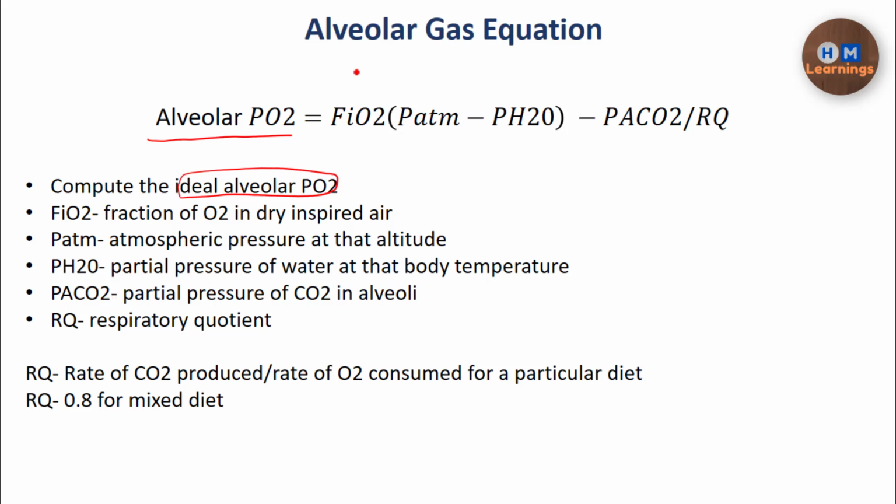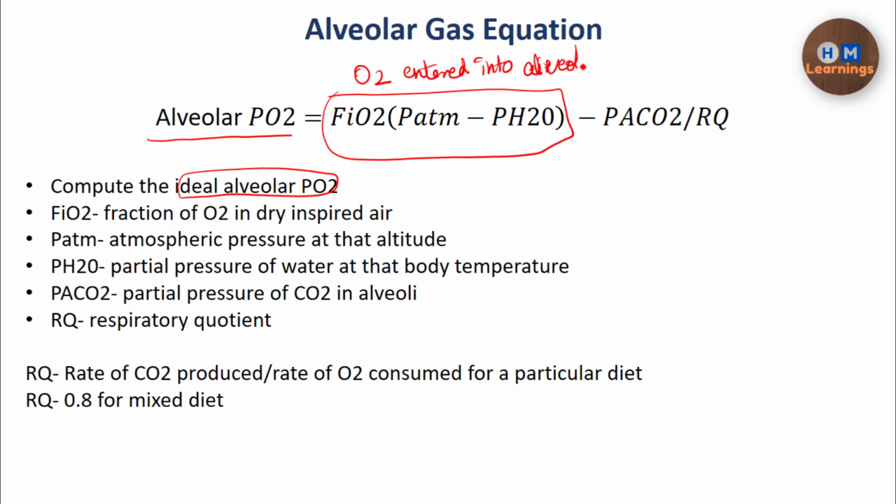So how is it being calculated? This part of the fraction is telling what is the amount of oxygen which entered into the airways, or you can say the partial pressure of oxygen which entered into the alveoli, and this part is showing you the partial pressure of oxygen which is consumed by the body.